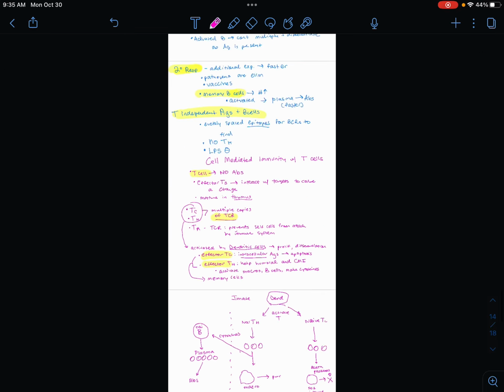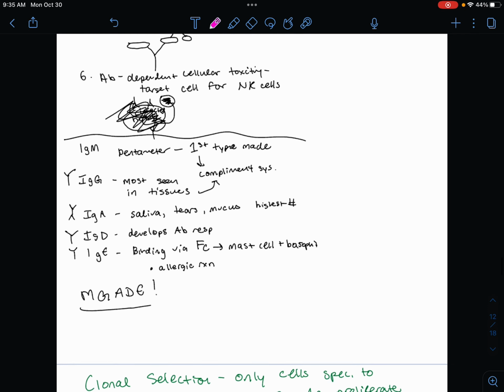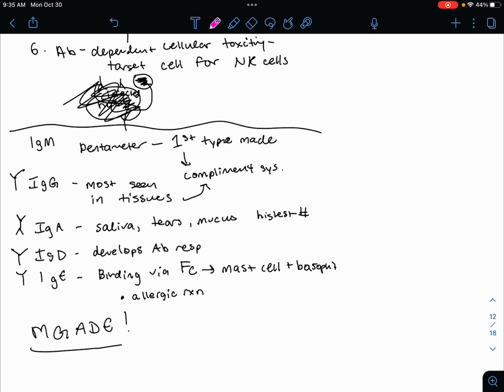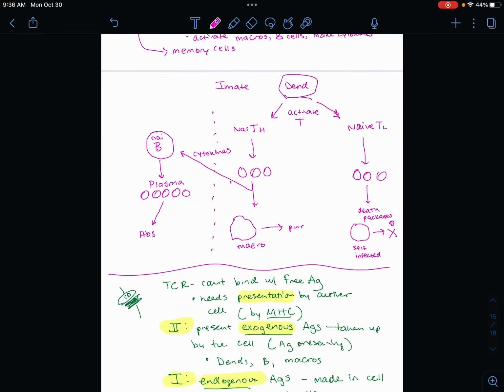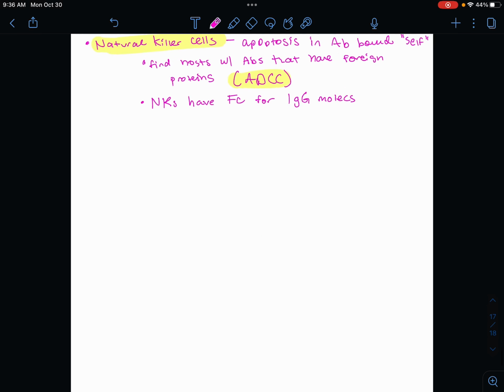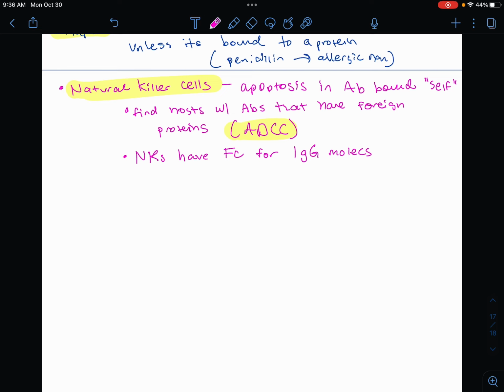Again, if we go back to our chart when we were going over the humoral system, the IgG are going to be most seen in tissues, and they're going to activate the complement system. It's just another type of antibody, part of MGADE. We're just talking about IgG. NKs also bind to the antibodies, and then they deliver perforin and protease granules to the cell.